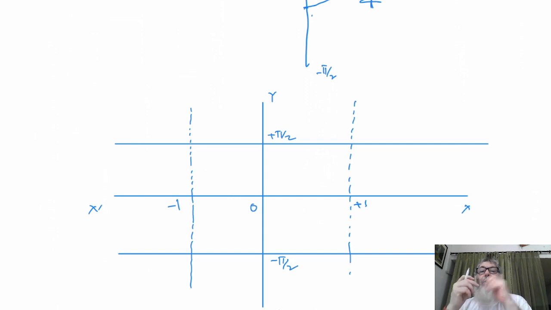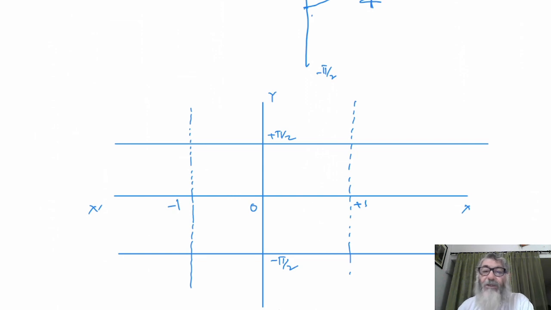So earlier, in the original sine curve, the x-axis used to have the angles like 0, pi by 2, pi, 3 pi by 2, 2 pi, minus pi by 2, minus pi, minus 3 pi by 2, minus 2 pi. Now along the x-axis we don't have those angles. Angles are along the y-axis, pi by 2, minus pi by 2.